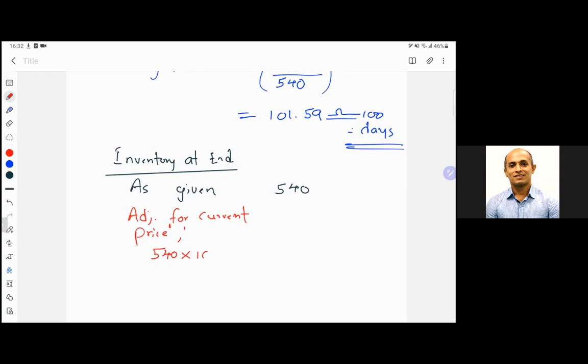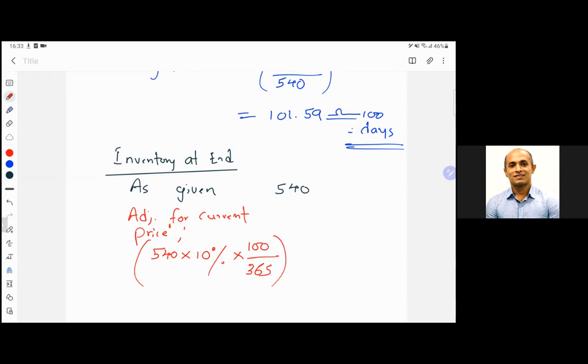540 multiplied by 10%. You see, prices change 10% for the entire year, but you adjust for 100 days, multiplied by 100 divided by 365. So you adjust price changes for 100 days, because after every 100 days all stocks have gone out and new stocks are in the warehouse.